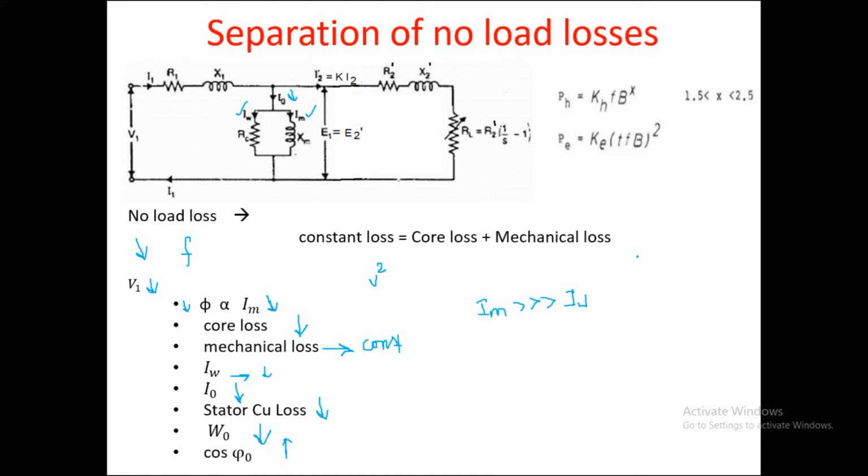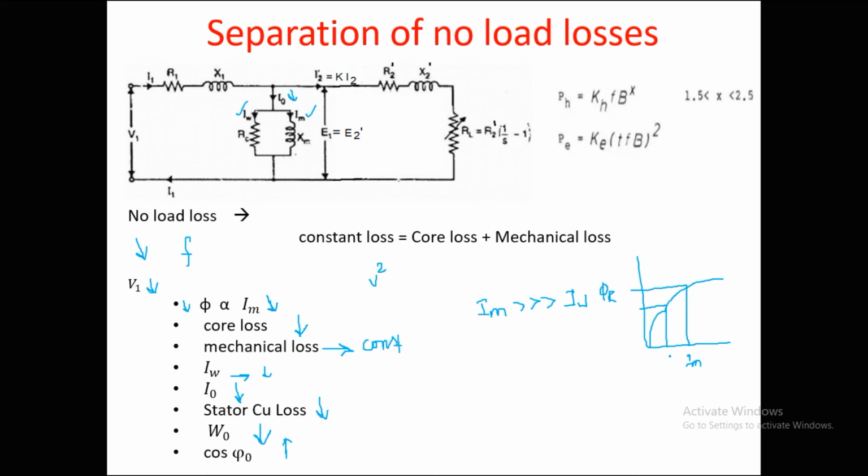Because we know the relation between flux and the magnetizing current, if we reduce the value of current, we can consider this point as the maximum flux, that is the resultant flux psi r, and by reducing the value of flux, it is going to have drastic changes.